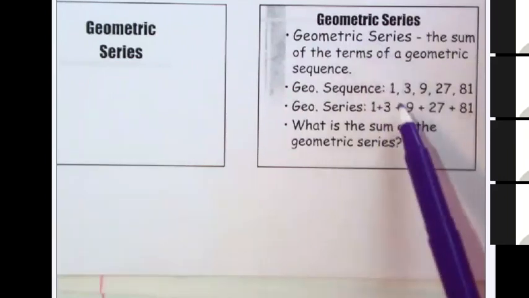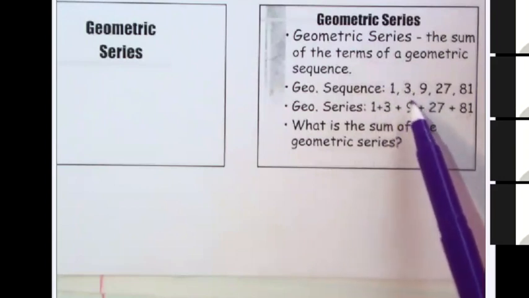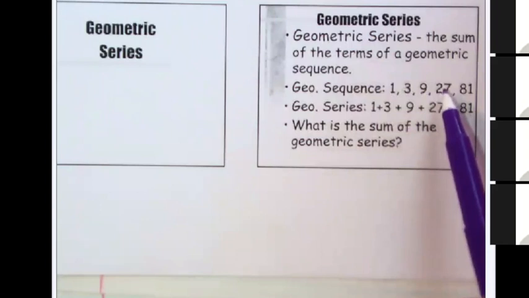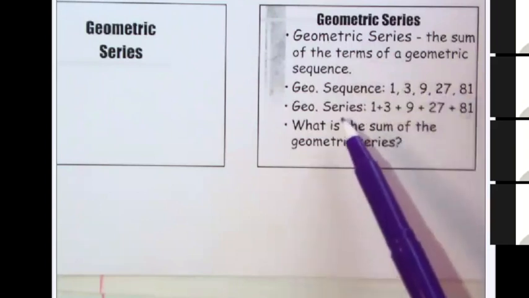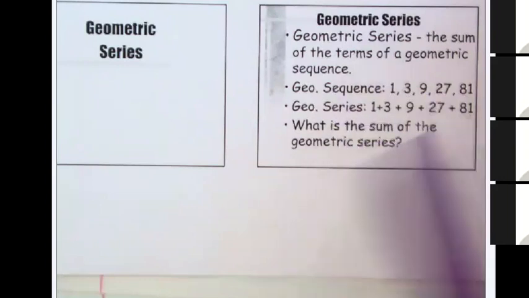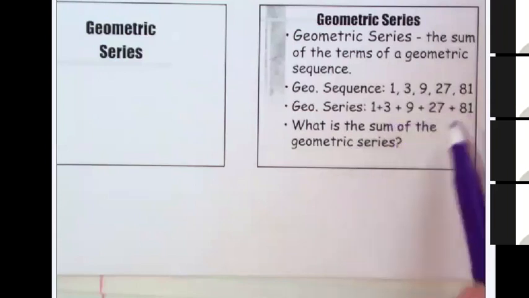So this is a geometric sequence. 1 times 3 is 3, times 3 is 9, times 3 is 27, times 3 is 81. And the series is what happens when we add all of those together. So if we did 1 plus 3 plus 9 plus 27 plus 81, we would get a sum of 121.